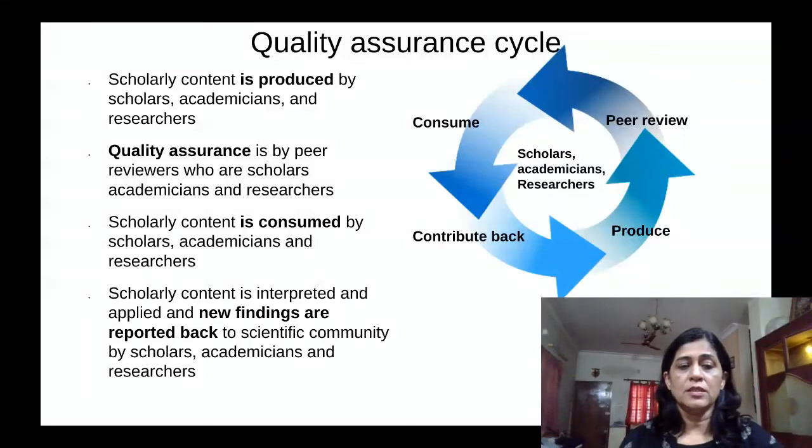Scholarly content is interpreted and applied, and new findings are reported back to the scientific community by scholars, academicians, and researchers. So the point here is that the entire cycle of the scholarly content, right from its production to its consumption and contribution back to the cycle, revolves around scholars, academicians, and researchers. Hence, it should be made openly available to that community.